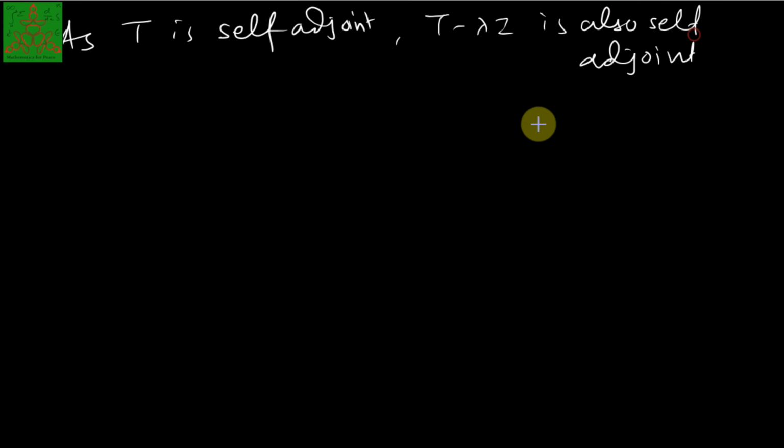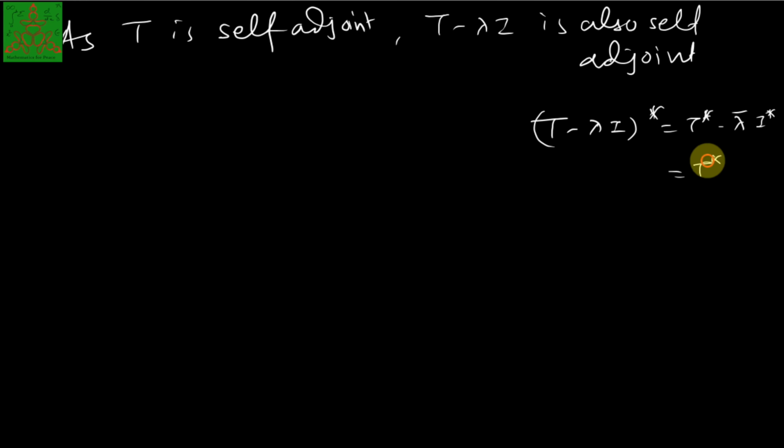We can also note here that as T is self-adjoint, it is easy to see that T minus lambda I is also self-adjoint. You can see that (T minus lambda I)* will be T* minus lambda conjugate I*. Lambda conjugate is the same as lambda because it is a real number.